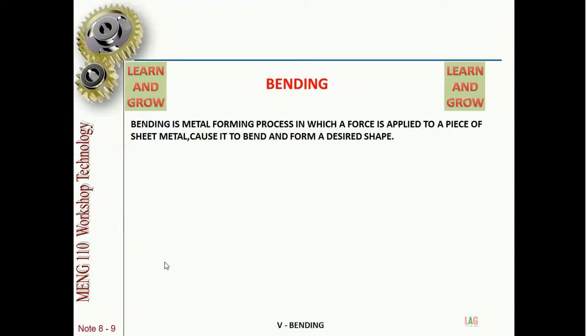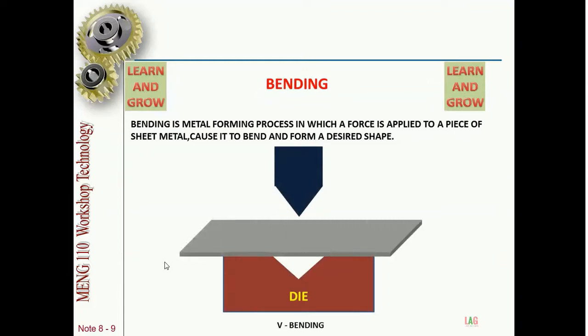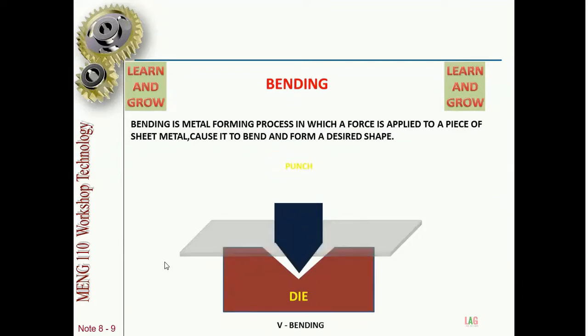See, V bending, the punch and die are of V shape. The die is of V shape, the punch will also be of V shape. Metal will be kept on the die. As the punch descends, we'll have a V shape structure.